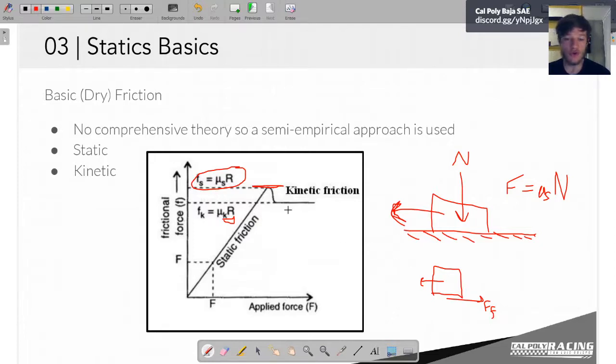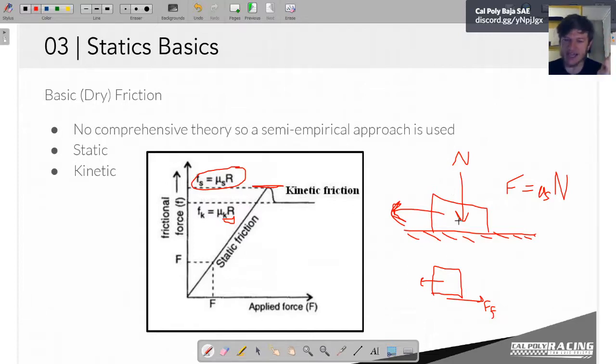One thing to note, though, is when you're trying to cause something to move, the split second it starts moving, as soon as you have that force applied, the friction force drops down to the kinetic friction. This isn't moving, now it's moving.